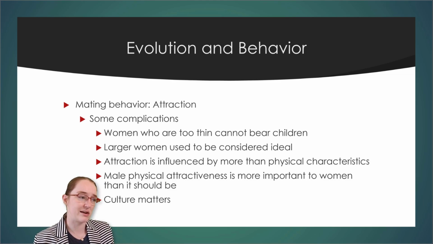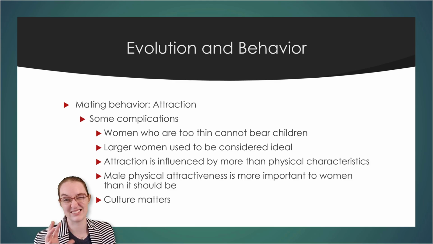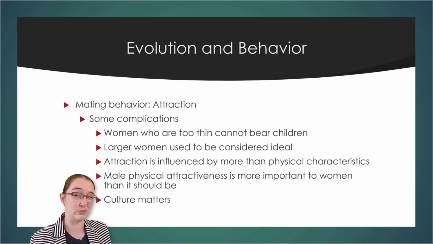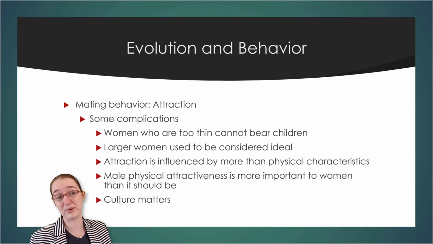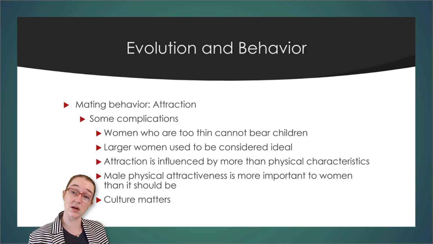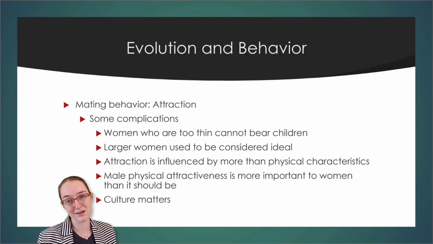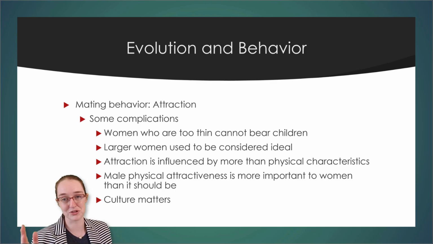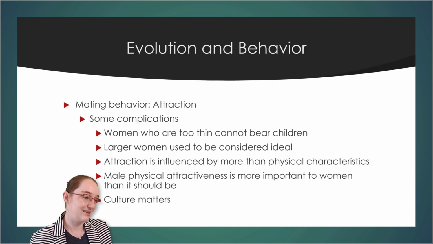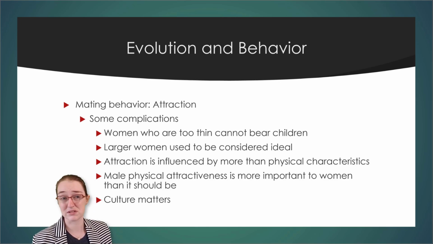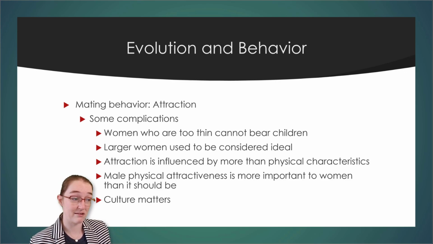Also, larger women used to be considered ideal. That's a little bit of a dubious claim, but for the sake of this class, we're gonna go with it. And so attraction varies over time, by age, culture, and society. But in either case, attraction is influenced by more than just those physical characteristics. So in theory, women shouldn't care at all about male physical attractiveness, like symmetry, buffness, whatnot.